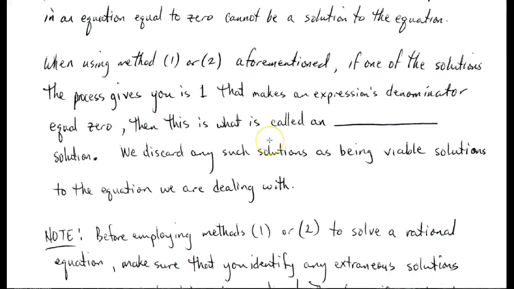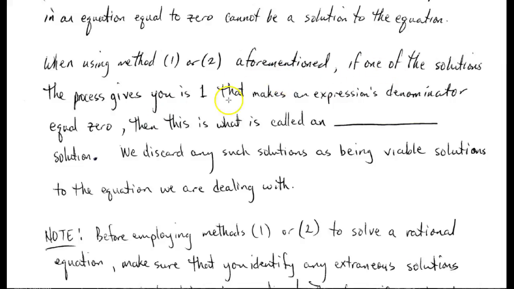And so if we move down to the second paragraph, it says, when using method 1 or method 2 that was mentioned, in other words, using the LCD to multiply both sides of the rational equation, method 1, or using the LCD to form equivalent polynomial fractions, aka rational expressions, and then equating the numerators together.